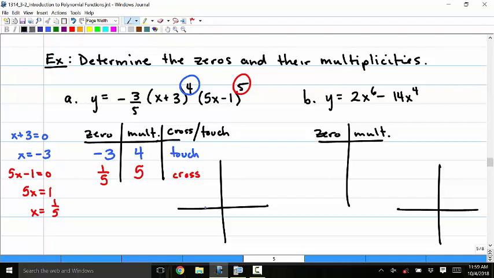So on my graph, I'm going to have a zero here at negative 3, and I'm going to have a zero here at 1/5. Now I'm going to graph that on my calculator to see what it looks like. Before I go there, I'm going to guess what my end behavior is going to look like. I have a negative number out front, an x to the fourth power, and a 5x to the fifth power.